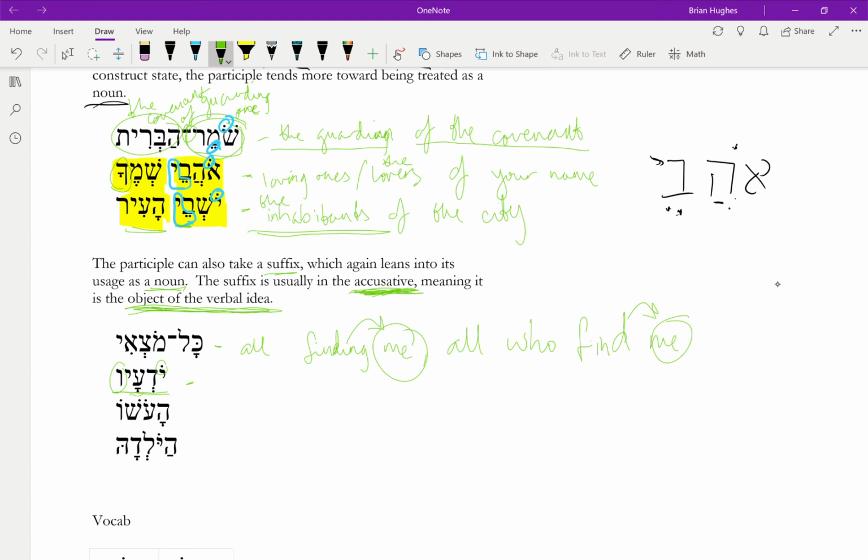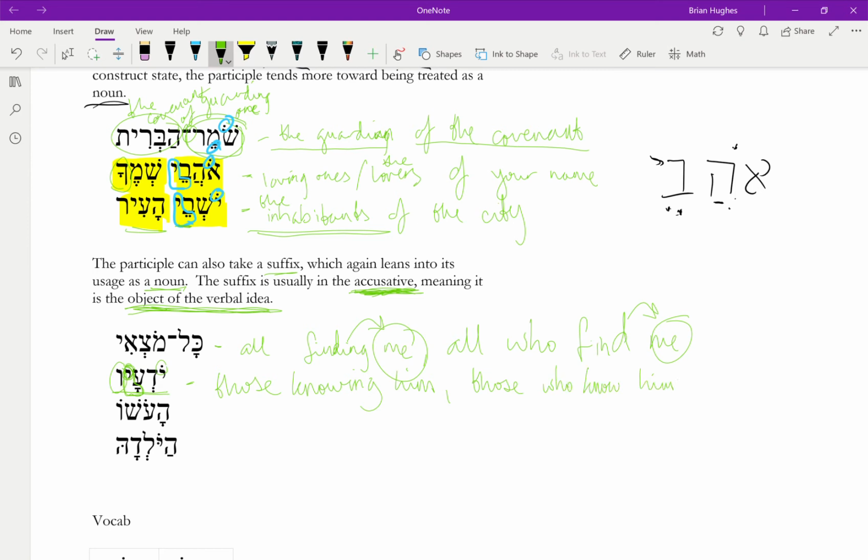And we would say, yes, it is masculine plural, because this is how a suffix is formed on a plural noun. Remember that suffixes on plural nouns always have the yod preceding it. So this would be those knowing him. And maybe we'd say those who know him. Something like that.